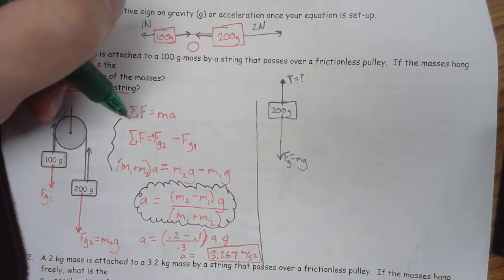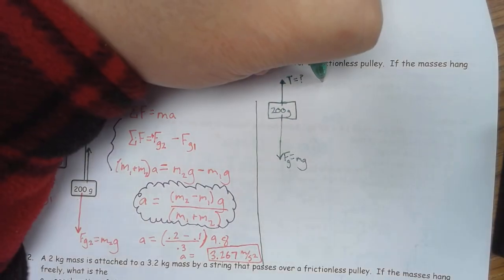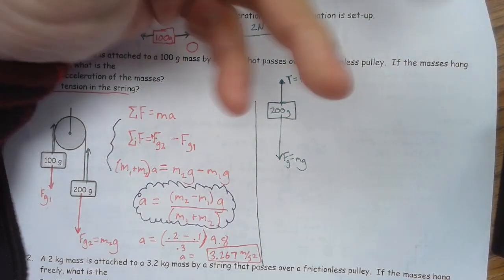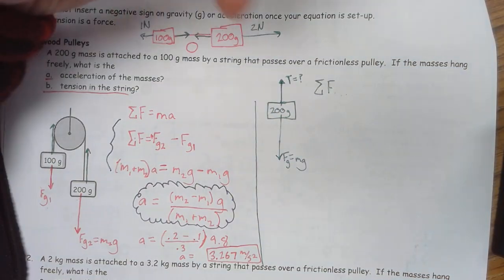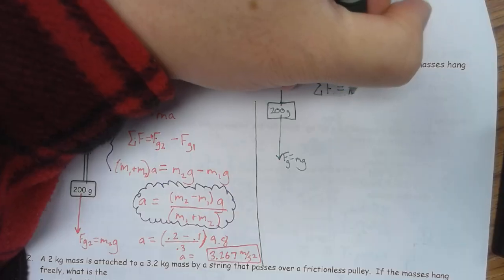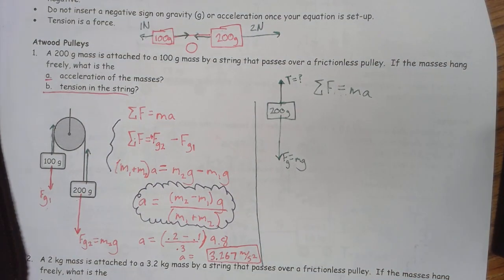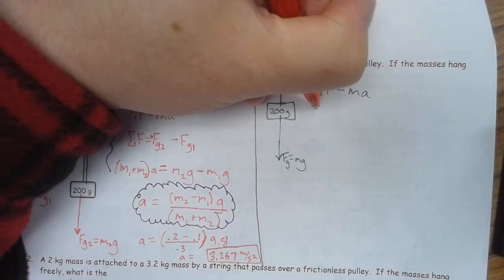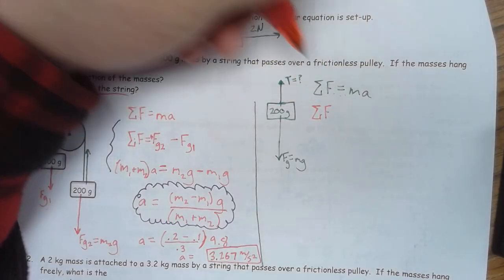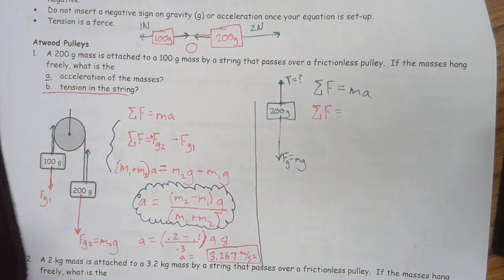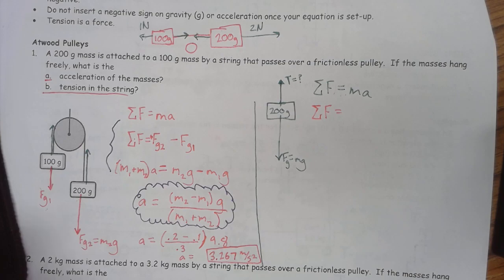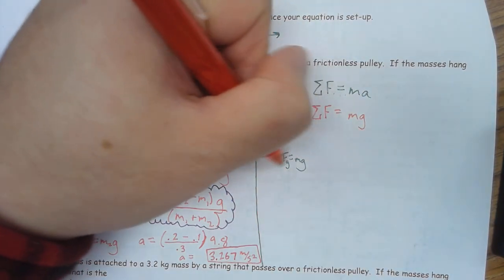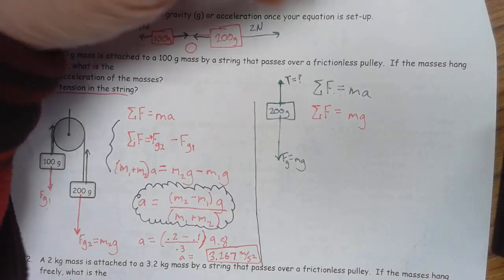Now, if I'm worried about this, what's our master equation? F equals ma. But then I have my homemade equation based on my picture. My net force will equal what versus what? Right. Gravity, I already have that Fg equals mg, minus tension.